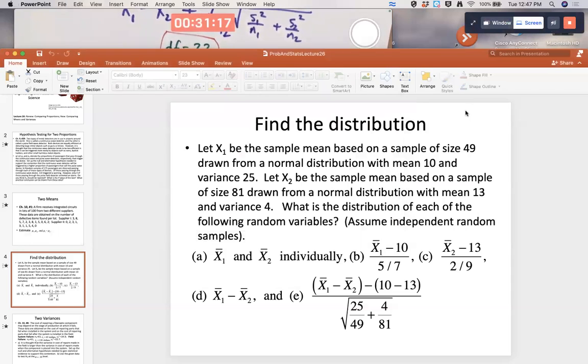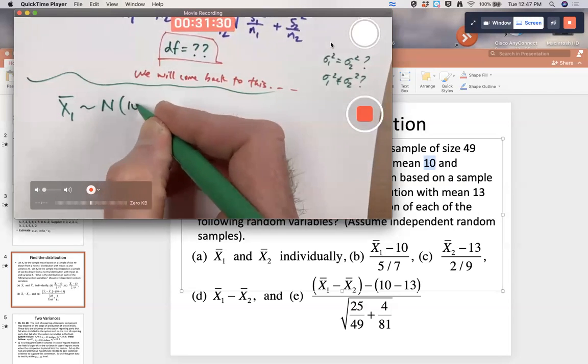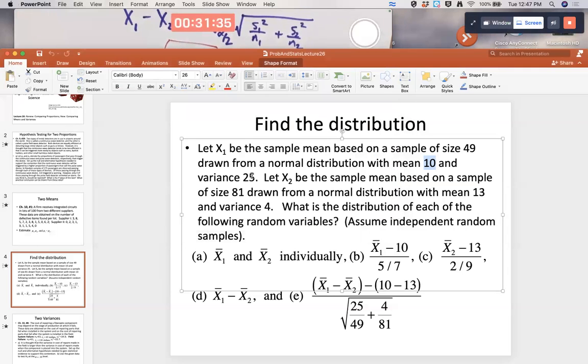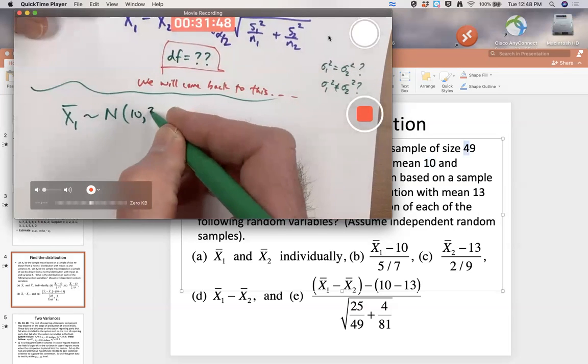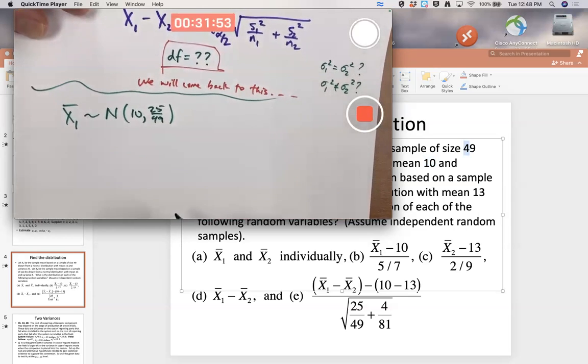The mean of the mean is the mean. Remember that? The mean of X1 bar is the same as the mean of the population, 10 in this case. And variance equal to sigma squared over n, right? There's sigma 1 squared, 25, over sample size 49. So 25 over 49 is the variance. And that means the standard deviation is 5/7.